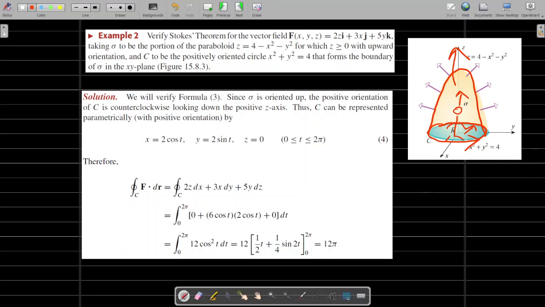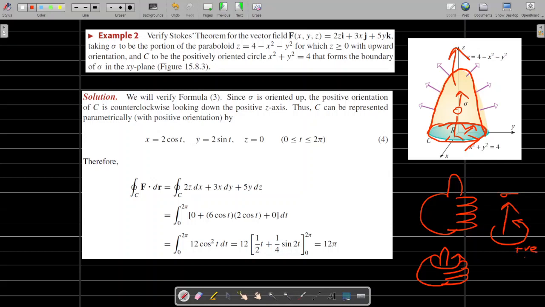Or in other words, when you fold your fingers in the positive orientation of C, then your thumb will be pointing like this. Or in simple terms, since C is in this orientation, sigma is upward, and this is the positive orientation of C.